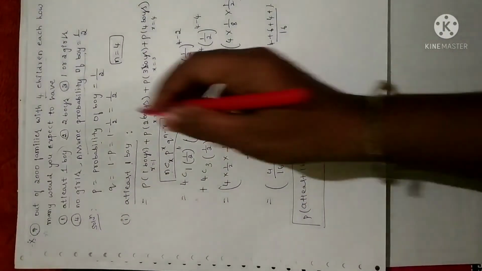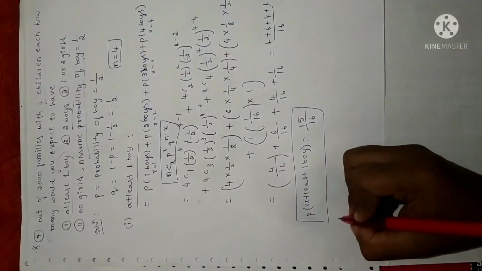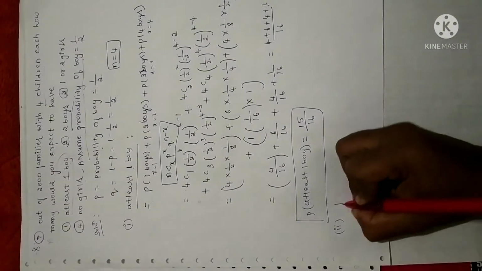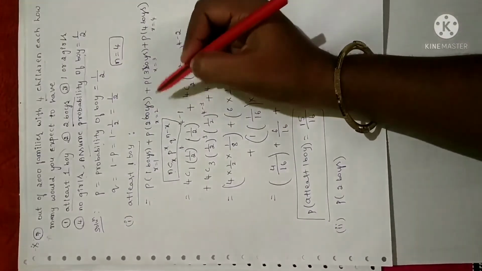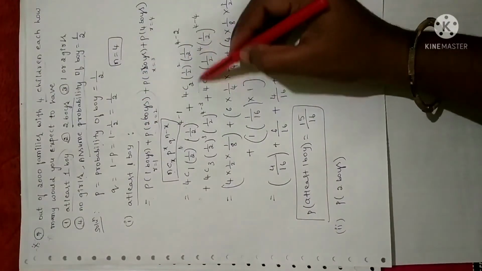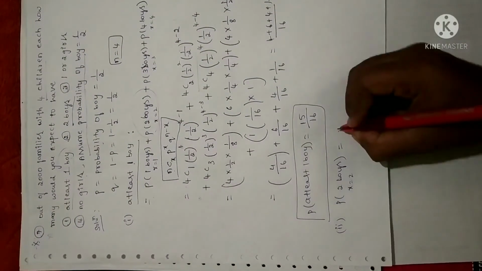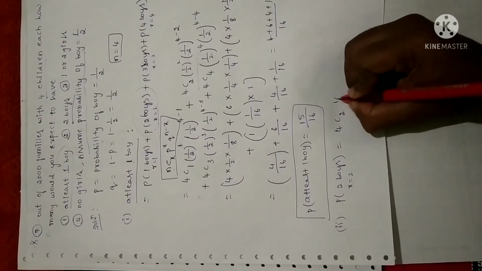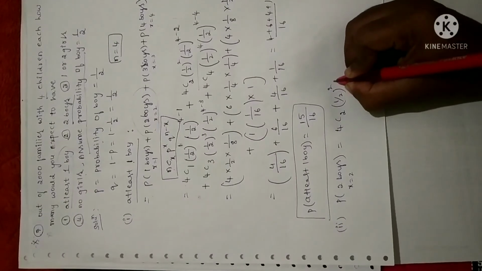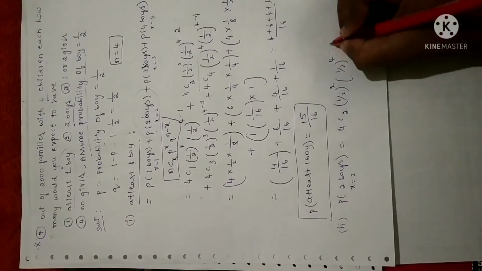Clear? Now, second question. What is the probability of getting 2 boys? See here, probability of getting 2 boys we have already calculated here. Anyhow, if you want, you can let me calculate. 2 boys in the sense x is equal to 2. So nC2, 4C2, p power of x, 1 by 2 power of 2, into q is 1 by 2, n is 4 minus x is 2.